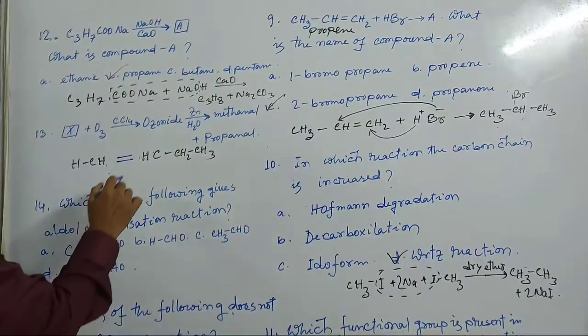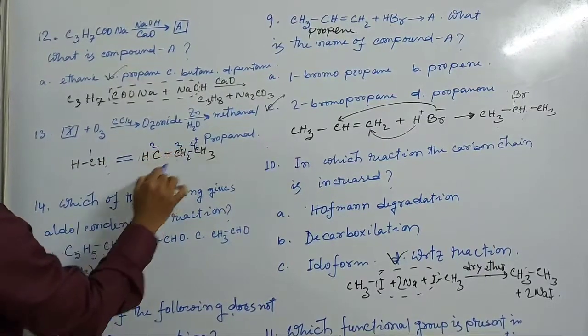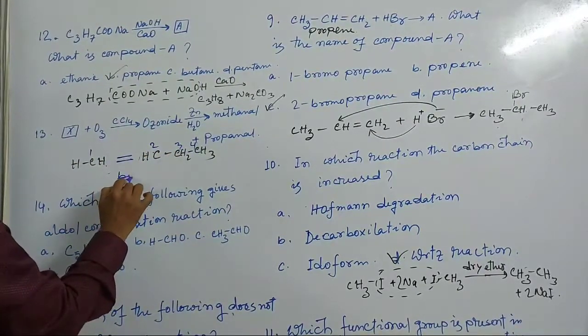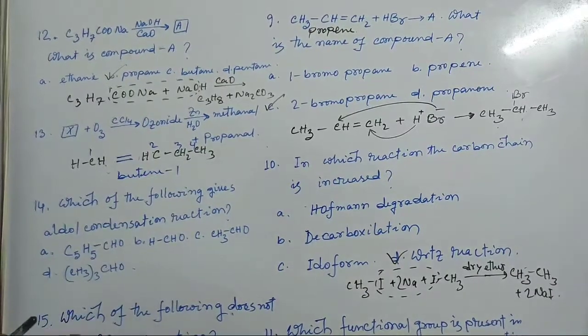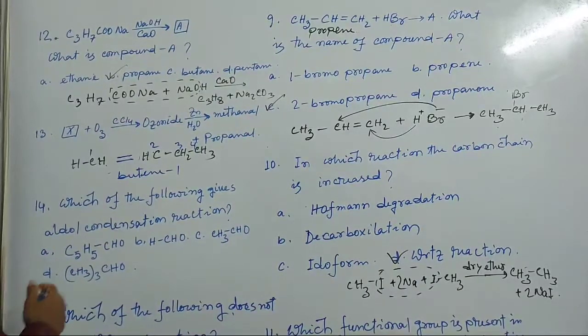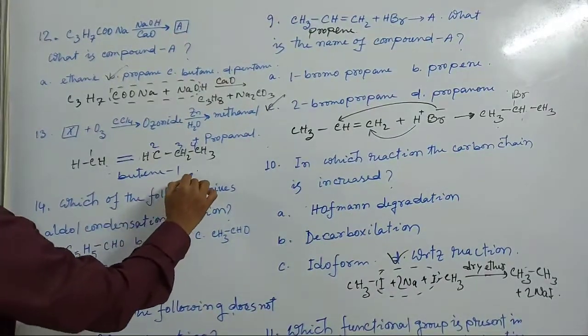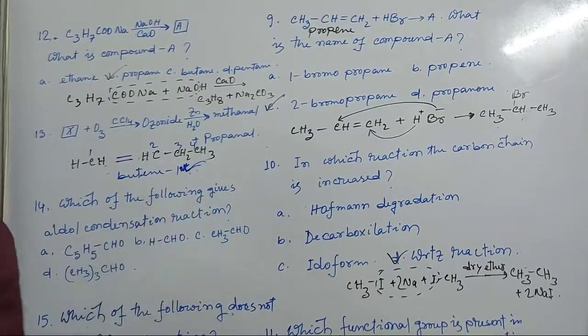So X is 1, 2, 3, 4, it will be butene-1. So the correct answer is butene-1.